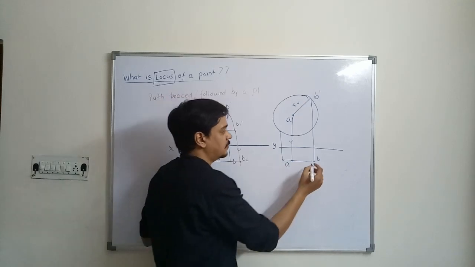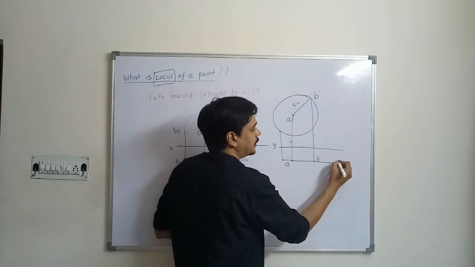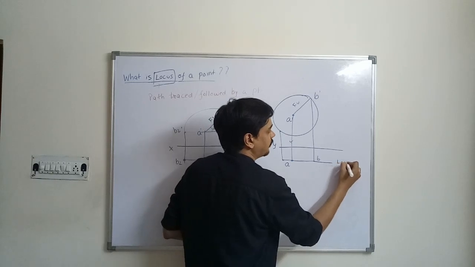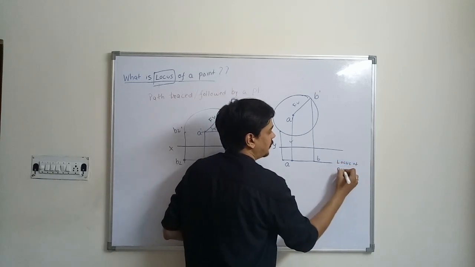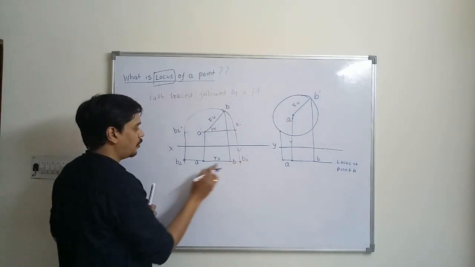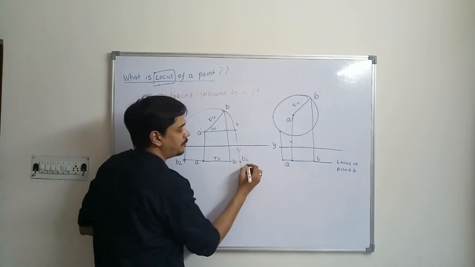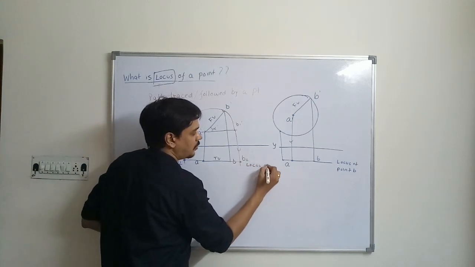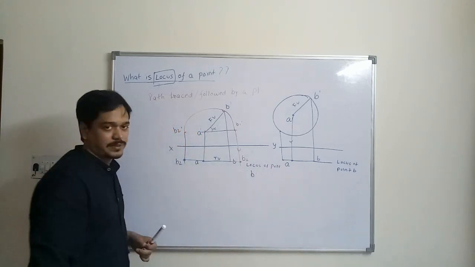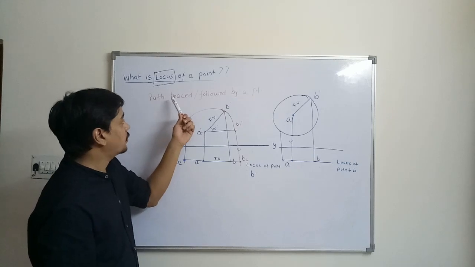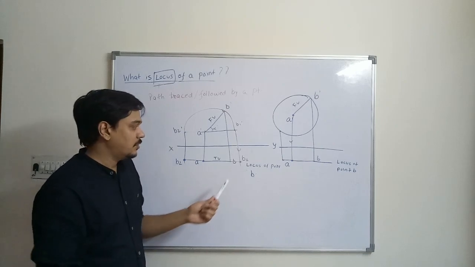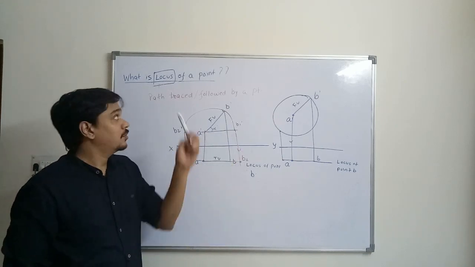That horizontal line is called the locus of point B. Similarly, here the horizontal movement of this point B is called the locus of point B. That is the path followed or traced by the point. So this is nothing but the locus of a point.